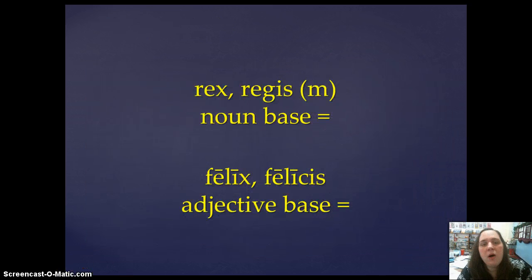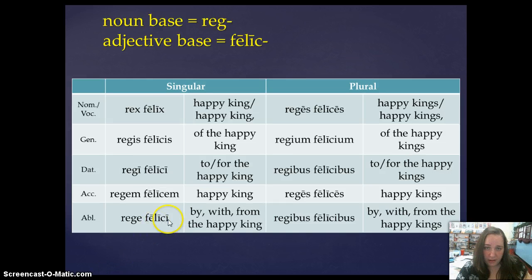So, we want this adjective to describe our masculine noun rex, regis, which is a king. Again, remember that you're going to get your adjective base from the genitive form, which is felicis. So that's going to give us an adjective base of felic, okay?